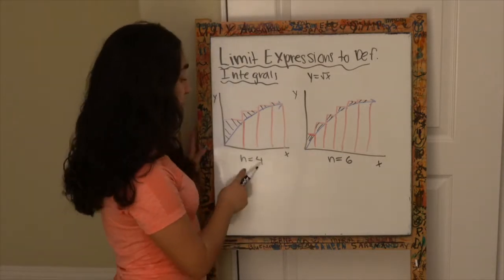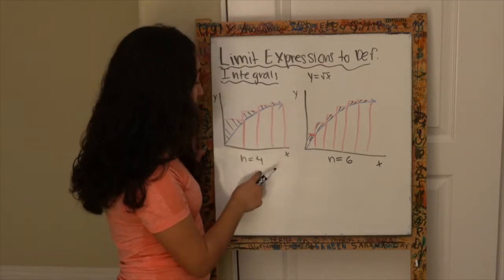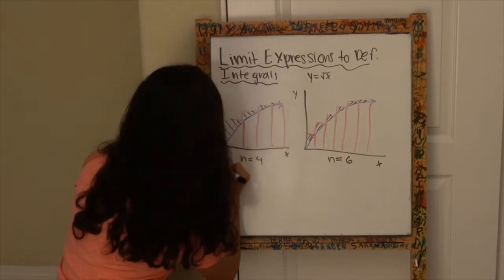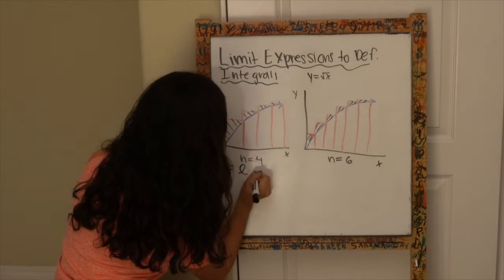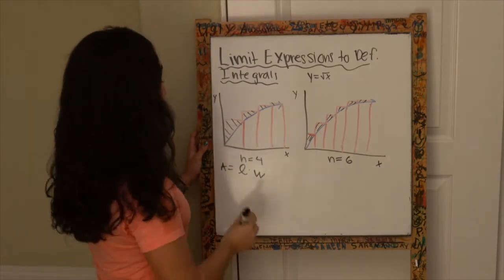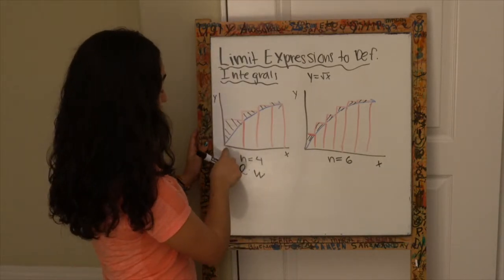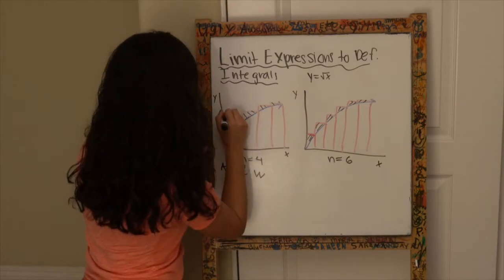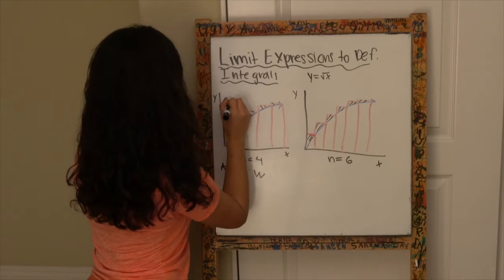So we know that the total number of rectangles is n, and to find the area of each rectangle, we know that it is equal to length times width. In this case, the width is change in x, so we can call this value right here change in x.